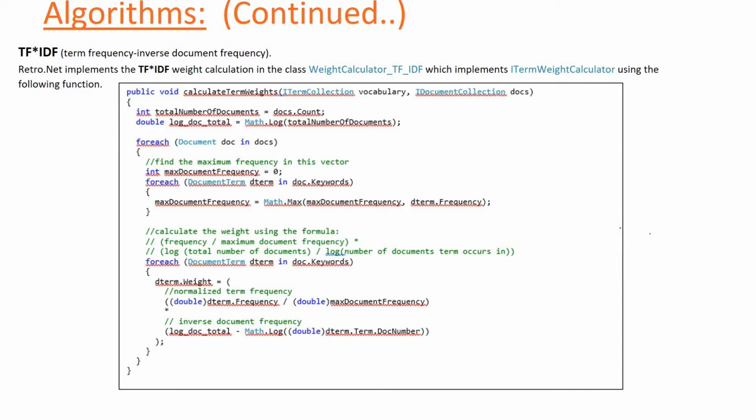Then it normalizes it, and the inverse document frequency is a double.